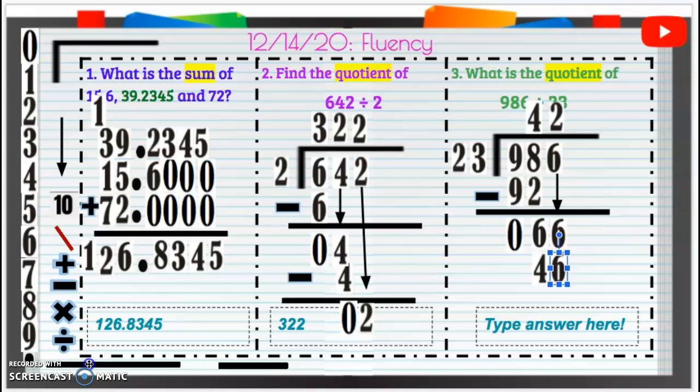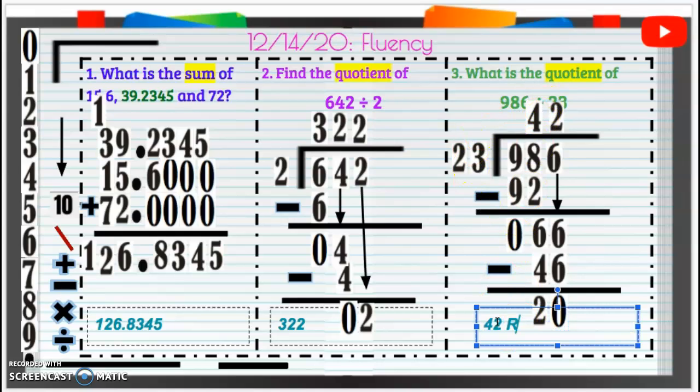Now if we subtract here, 6 minus 6 is 0. 6 minus 4 is 2. So we have 20. So we could have 42 and a remainder of 20.